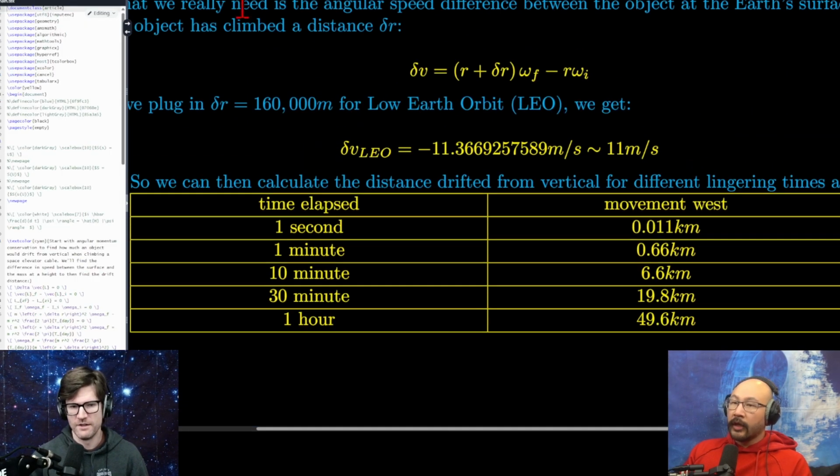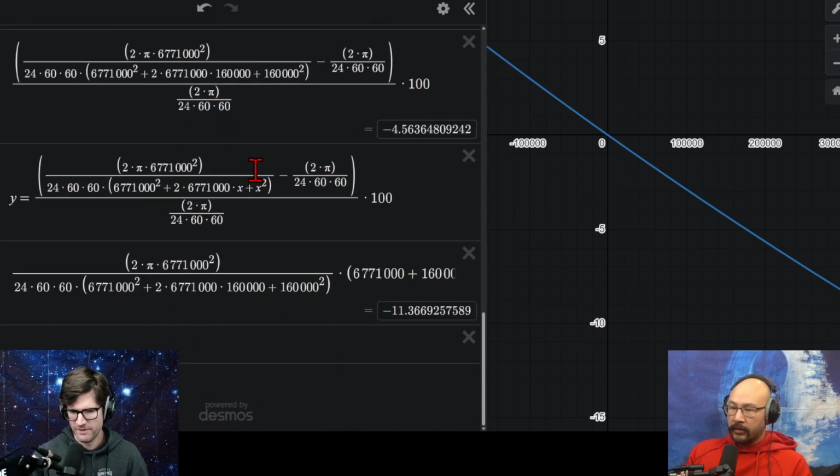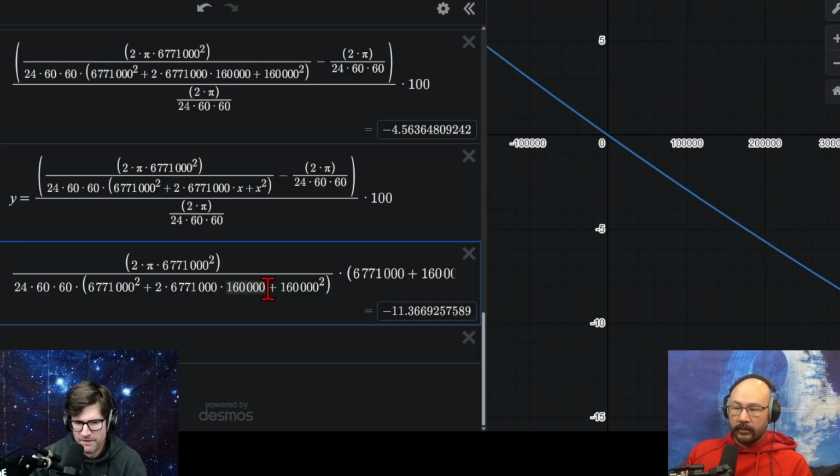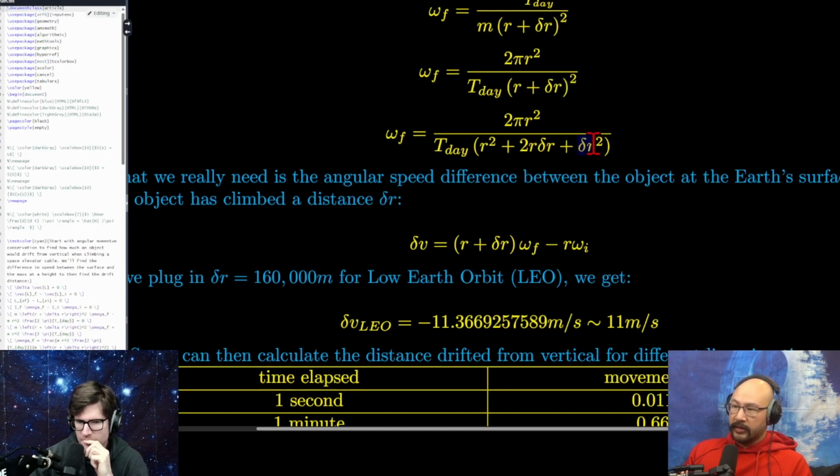I'm saying on the Desmos. Yeah, go all the way to the bottom. Look at that, right there. I think that's it. So I plugged in 160,000, which is low Earth orbit. And it's squared at the bottom, because the expression has delta r squared.